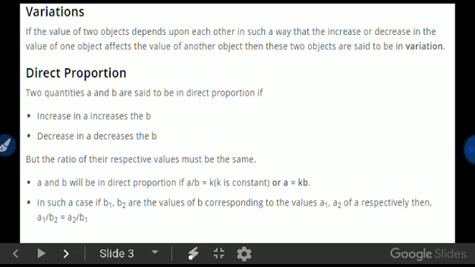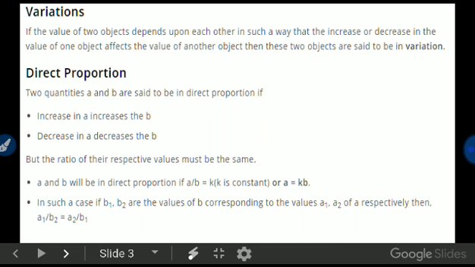Similarly, if you are going to school on a bicycle and your friend is going to his school on a motorcycle, and the distance between your home and school and your friend's home and school is exactly the same, then your friend will reach earlier than you. So this is the first proportional variation, which we call direct proportion.